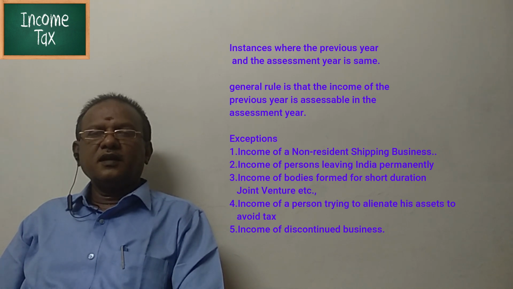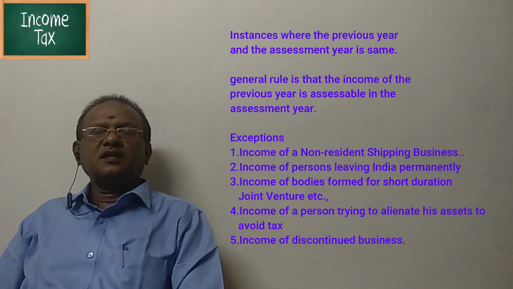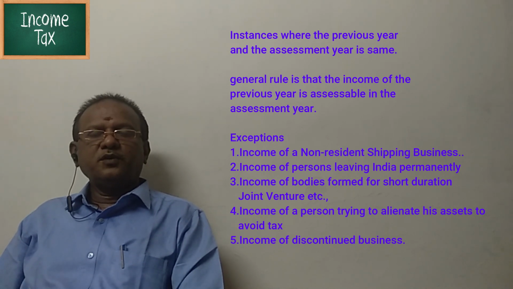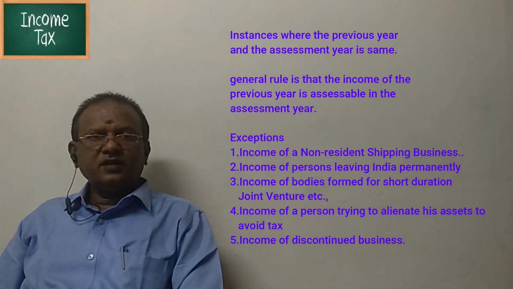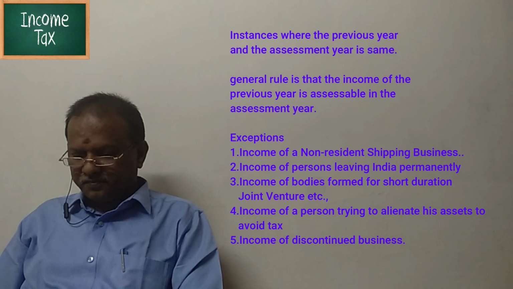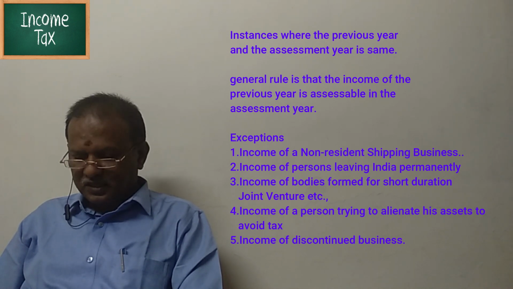The assets are in the name of the person, and he transfers the income without transferring the asset, or transfers the asset with a view to avoid the tax. The fifth point is the income of a discontinued business. It will be taxed in the year in which such business or profession is discontinued.